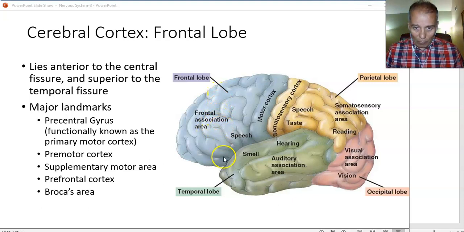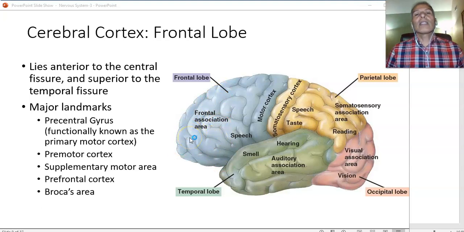The area in front of the very front of the frontal lobe here, from here and all this, that is the prefrontal area, the prefrontal cortex.